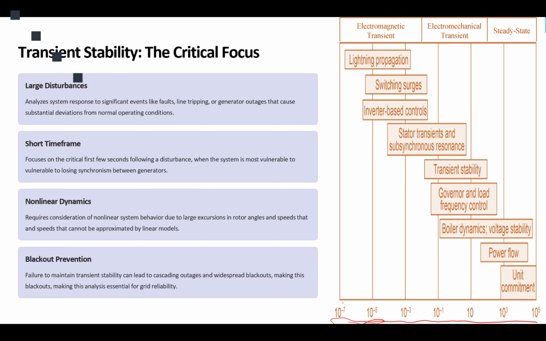Now, I want to ask you a question. If anyone can say why, when we talk about a short time frame, meaning like 1 millisecond or 1 microsecond faults, we have to move on from those parameters that we had in power flow: the RMS, the impedance or reactance, and the delta changes.